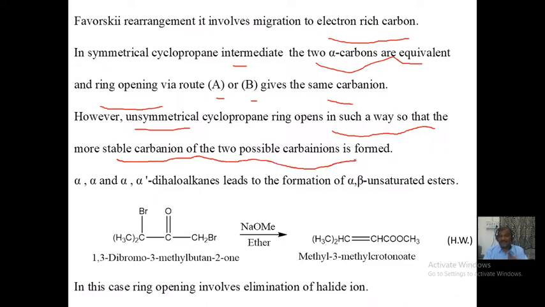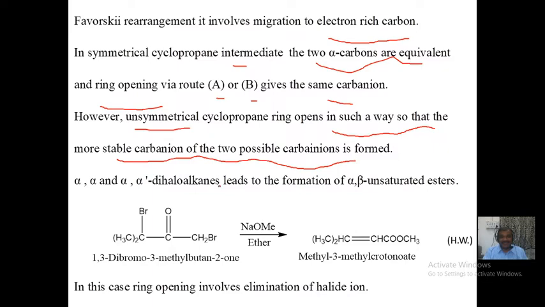And friend, listen to me, the carbanionic carbon stability order is what? Primary is more stable than secondary, and tertiary is the least stable, if you consider that the carbanionic carbon is attached to organic groups, electron donating groups, right? Okay. So this was a little bit about the Favorsky rearrangement and its mechanism, friend.